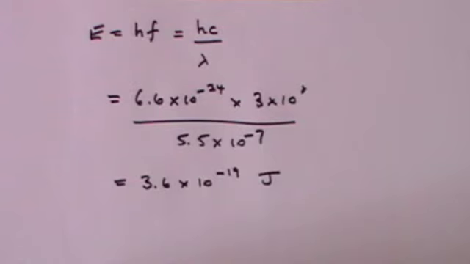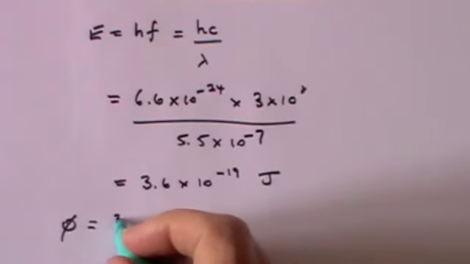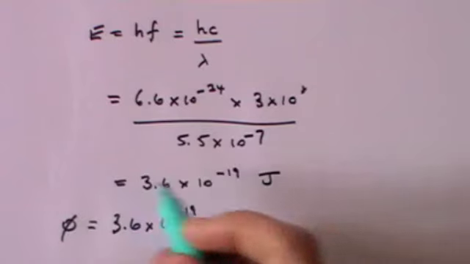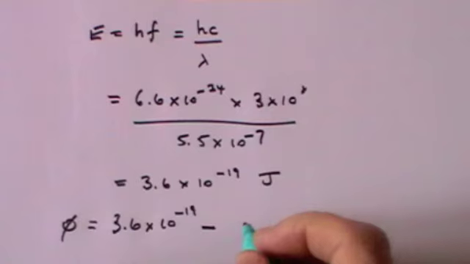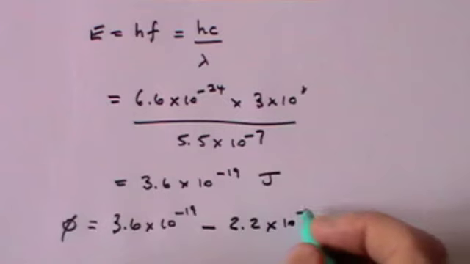So in other words, phi, the work function, or the binding energy, is going to be 3.6 times 10 to the minus 19, which is the energy of the incident photon, minus the kinetic energy of the electrons when they come out, which is 2.2 times 10 to the minus 19.